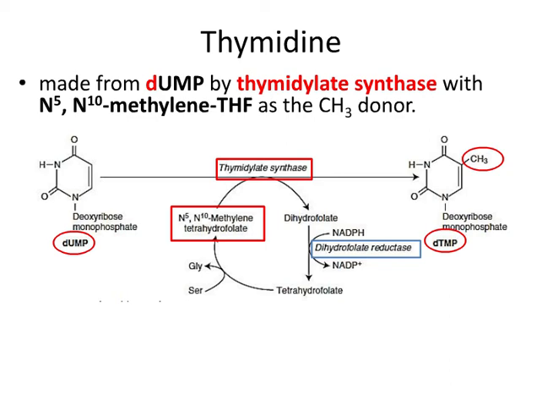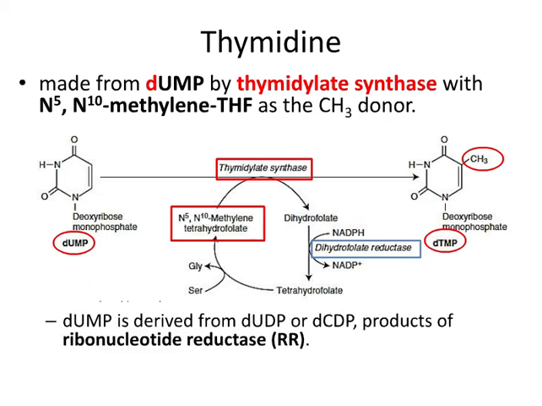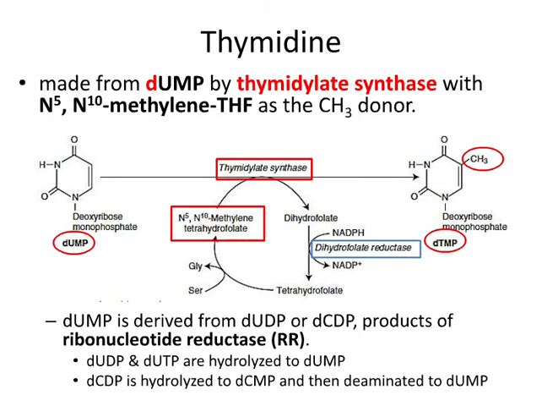Serine hydroxymethyltransferase then transfers the hydroxymethyl group of serine to tetrahydrofolate to regenerate the N5-N10 methylene tetrahydrofolate necessary for the further synthesis of thymidine. Deoxy-UMP is derived from deoxy-UDP or deoxy-CDP, both products of ribonucleotide reductase.